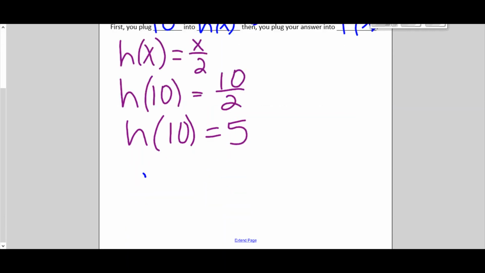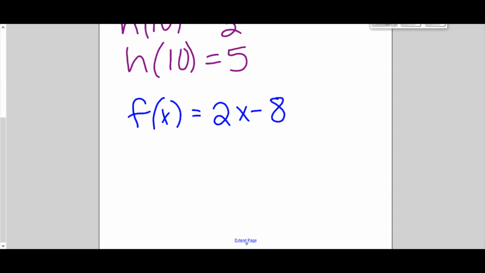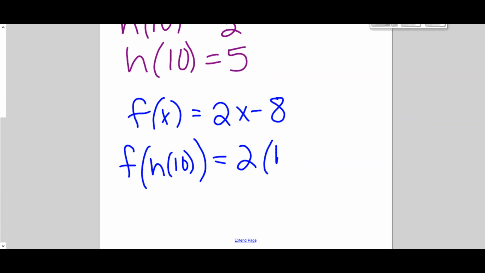So I'm going to write f of x equals 2x minus 8. And I'm going to do f of h of 10. So anywhere that there's an x, I'm going to put h of 10. So 2 times h of 10 minus 8. So just like we evaluated at the beginning of the year, we're still doing it the same way. So we're just plugging in now a function though.